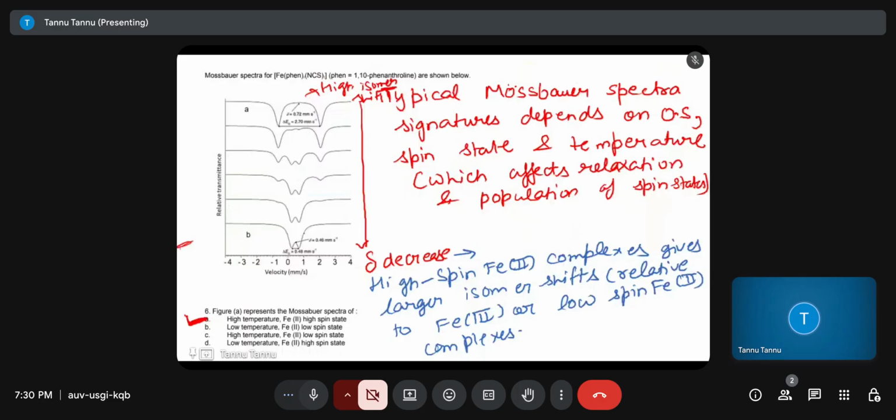So you can see that there is a very small quadrupole splitting as compared to this.